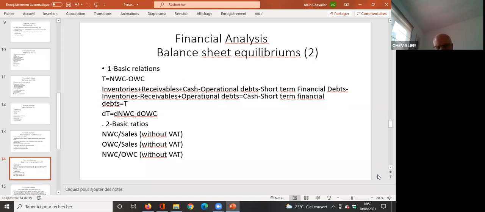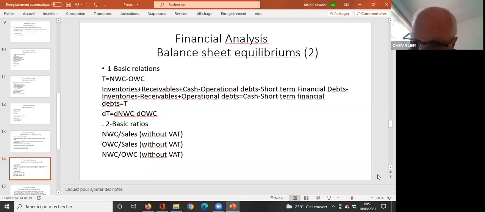But here it is net working capital divided by sales. You get a percentage. For example, you will get 20%. That means you can argue that your net working capital will pre-finance 20% of your sales.